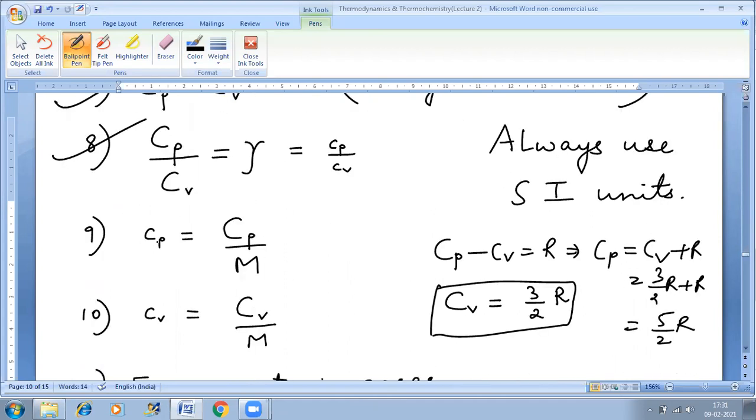Now, this small cp is specific heat capacity at constant pressure. This means what? This is with respect to 1 gram. That is for 1 gram, what is the heat capacity? That is called specific heat capacity. And this capital Cp is molar heat capacity. That is for 1 mole.